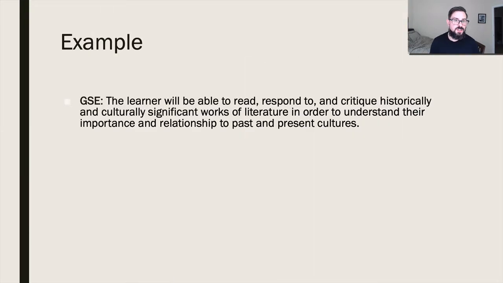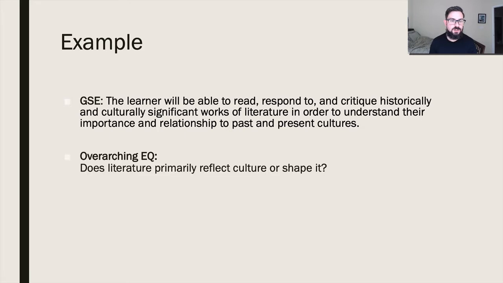So looking more specifically, here's a standard from the Georgia Standards of Excellence. The learner will be able to read, respond to, and critique historically and culturally significant works of literature in order to understand their importance in relationship to past and present cultures.